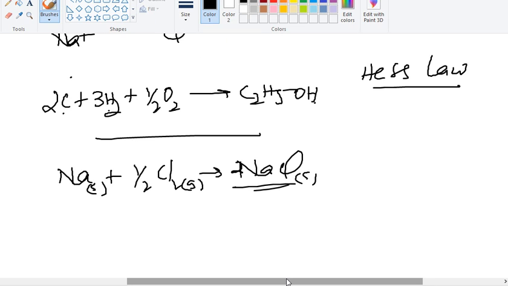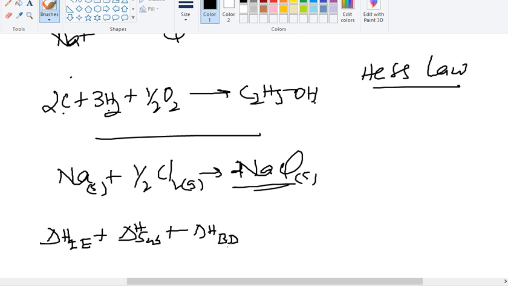It means this is the criterion: enthalpy of ionization energy, enthalpy of sublimation energy plus enthalpy of bond dissociation energy. Enthalpy is just similar to energy, right? This must be smaller than enthalpy of electron gain plus enthalpy of lattice energy.